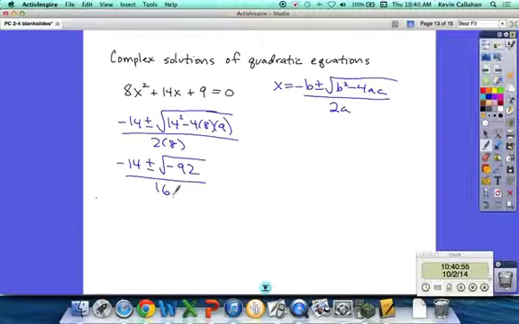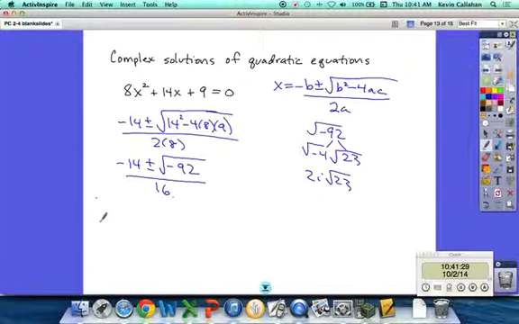How about 4? It's divisible by 4. 4 times 23 is 92. So let's see. I'll say negative 92 is negative 4 times 23. 23 can't be simplified any more than that. So instead of the square root of negative 92, we'll do the square root of negative 4 times the square root of 23, which is 2i times the square root of 23.